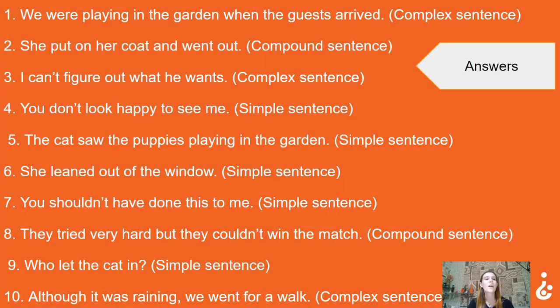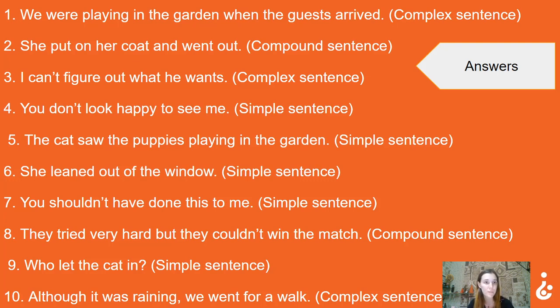We were playing in the garden when the guests arrived. It's a complex sentence. She put on her coat and went out. Compound sentence. I can't figure out what he wants. Complex sentence. You don't look happy to see me. Simple sentence. The cat saw the puppies playing in the garden.